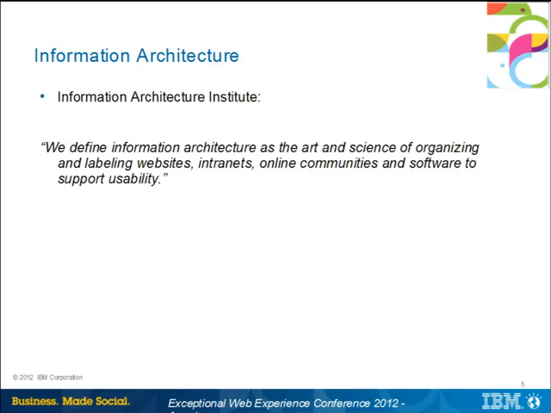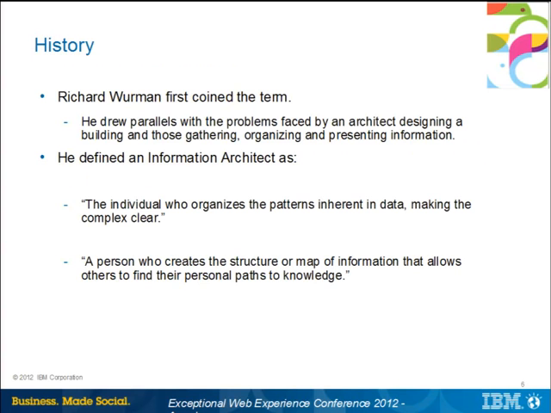We define information architecture as the art and science of organizing and labeling websites, intranets, and online communities to support usability. Richard Wurman was the first to coin this phrase. He was an architect, and he saw that the issues in architecture could apply to any discipline where you're organizing information.